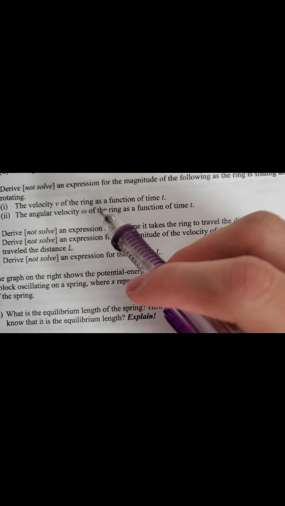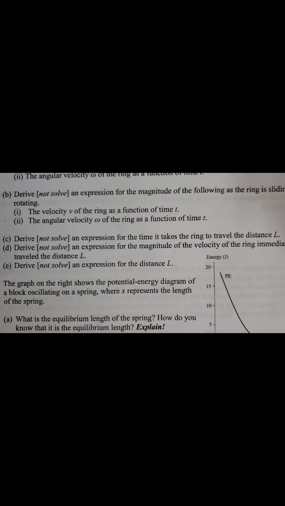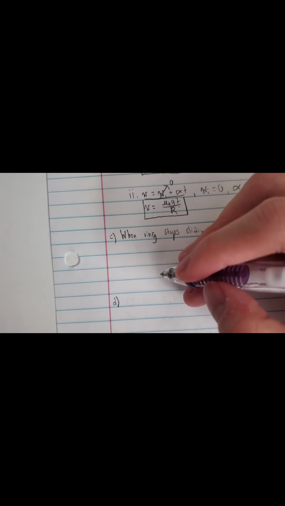Okay. Now part D wants us to derive an expression for the magnitude of the velocity of the ring immediately after it has traveled a distance of L. So I've already found the time that I need for the ring to reach L. Now I can use that to help me find the velocity at that time. So for this part, I'm going to use this kinematic equation.